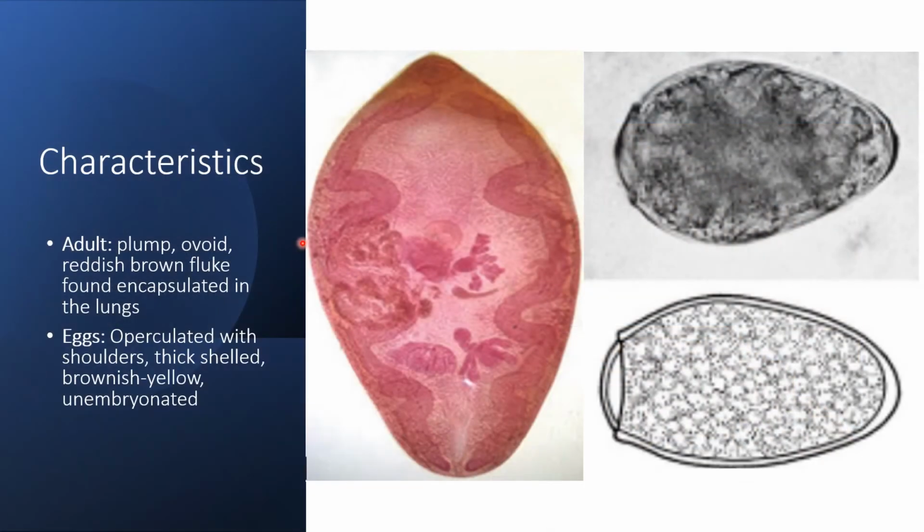For the morphologic characteristics, the adult is plump, meaning fleshy, ovoid, reddish brown fluke found encapsulated in the lungs.